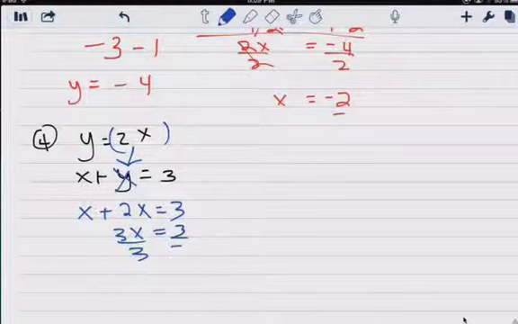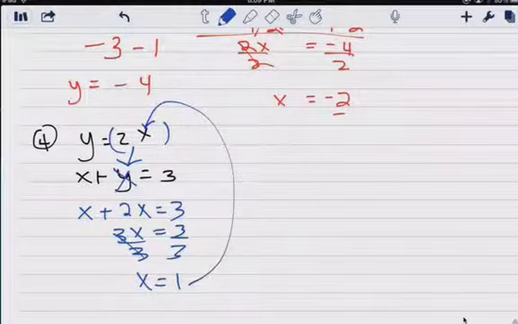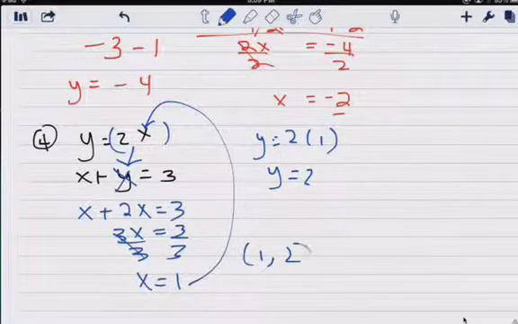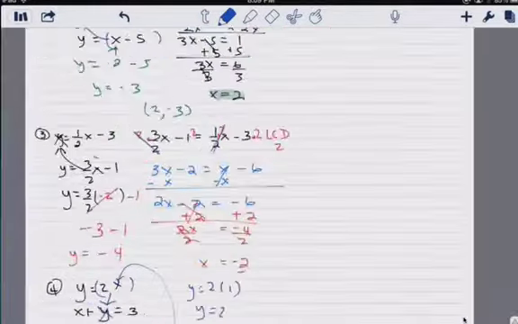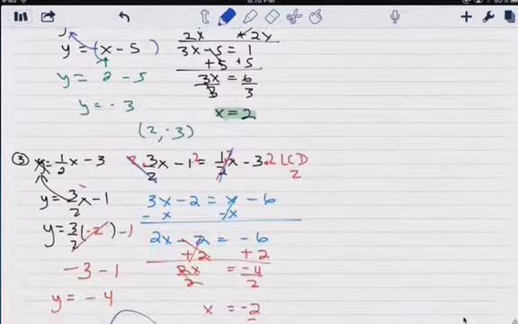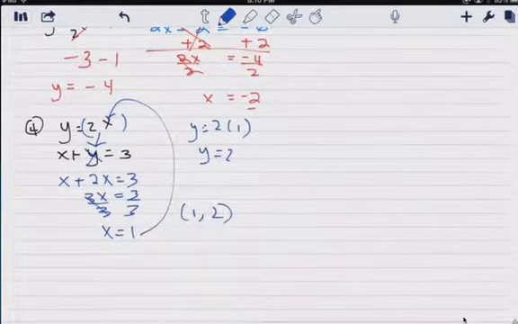Divide by 3, x equals 1. So if x is 1, you substitute it back into there. So y equals 2 times 1, y equals 2. So your answer is the ordered pair solution 1, 2, where they intersect. Cross that out. Okay, number 5.